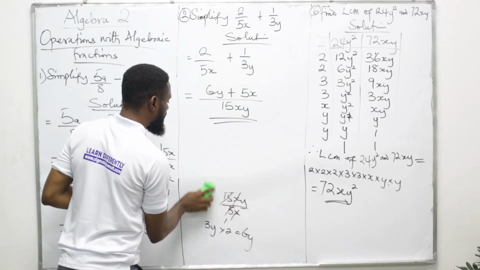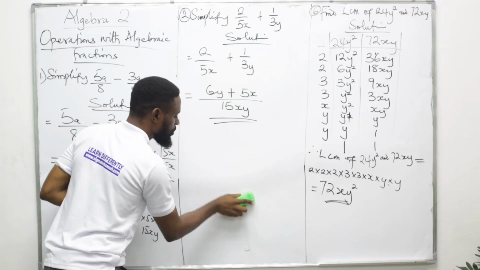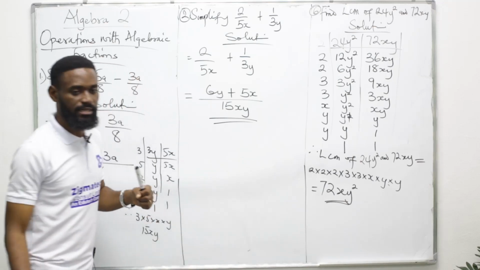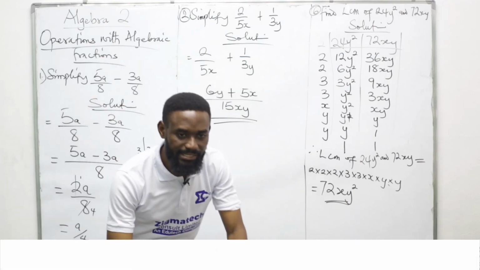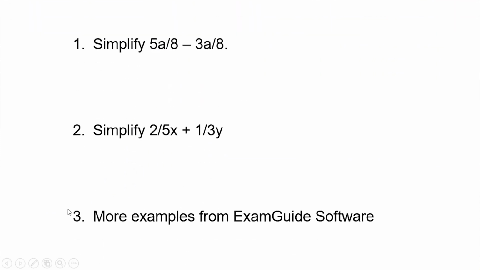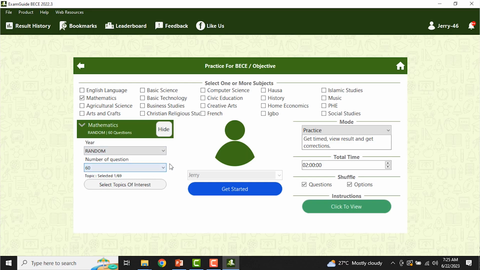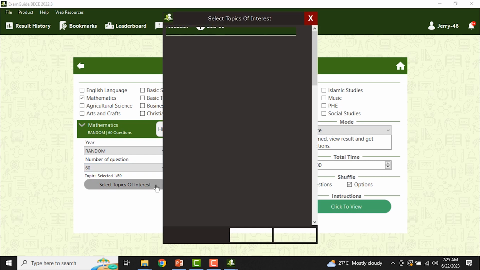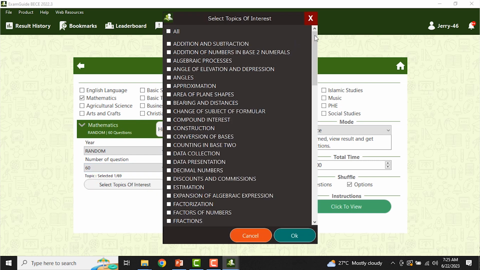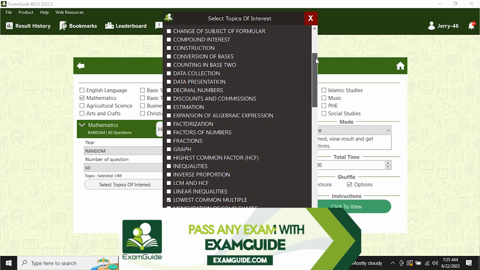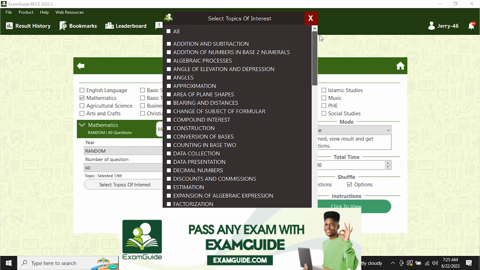Okay, so let's look at the exam guide and see if we can get some questions there. Let's look at our exam guide app and let's get something in. Okay, let's go to algebraic processes.